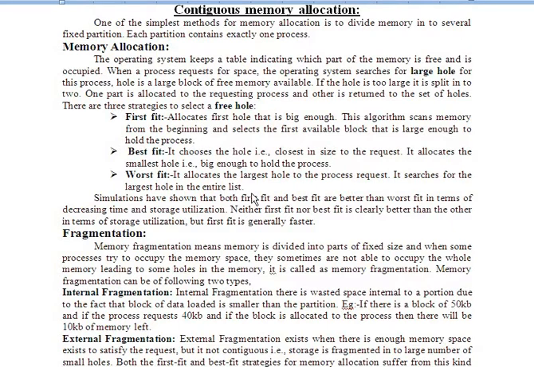It searches for the largest hole in the entire list. So there is a difference between worst fit and first fit. First fit allocates the first big enough space to the process, but here it will not. It will scan the whole memory and the biggest among them will be allocated to the process which has requested the space.